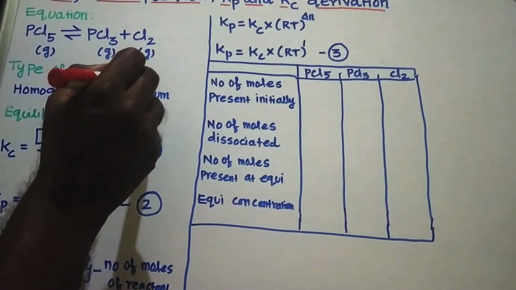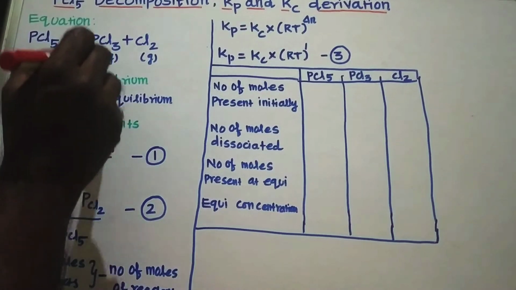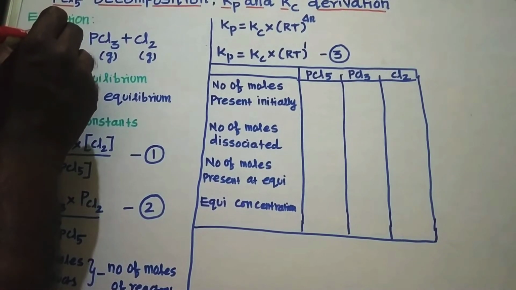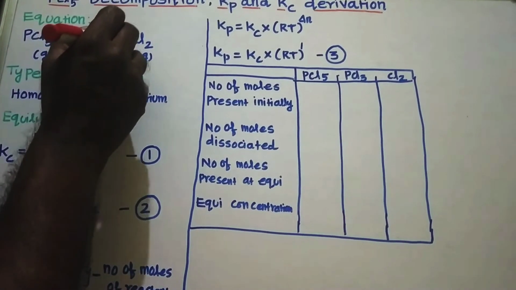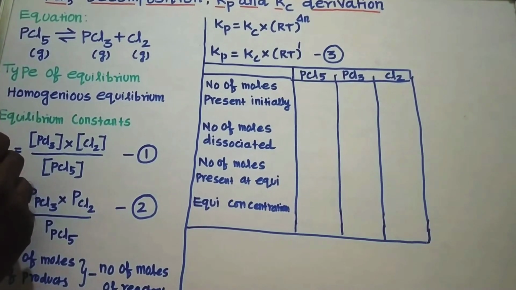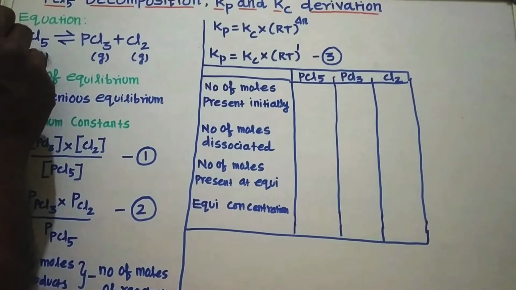Now we are going to see how to write the equilibrium constant for the above reaction. PCl5 on decomposition forms 1 mole of PCl3 and 1 mole of Cl2. Kc is equal to the concentration of product divided by the concentration of the reactant.